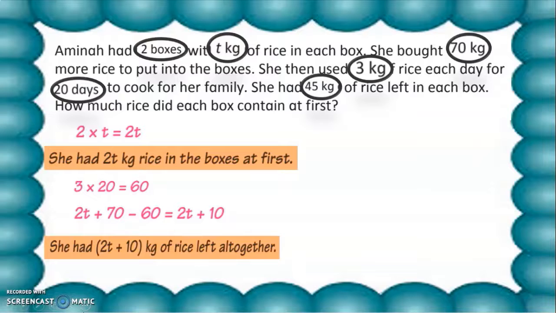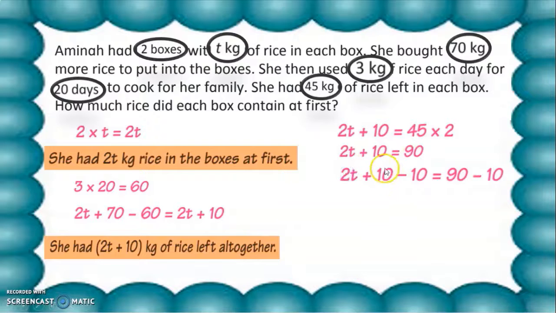But she had 45 kilograms of rice left in each box. How many boxes do we have? We have 2 boxes. That's why it is equal to 45 times 2 boxes. So we have 2t plus 10, and the product of 45 and 2 is 90. How to get t?